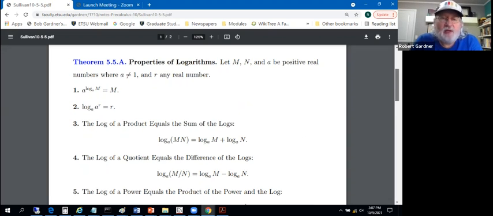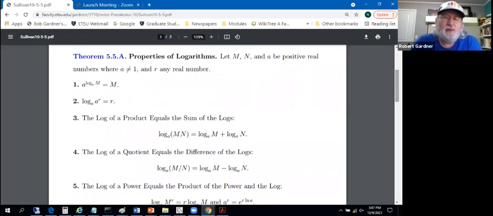We simply define log functions as inverses of exponentials. Part 3, the log of a product equals the sum of the logs, that is log base a of m times n equals log base a of m plus log base a of n. And remember, a way to keep these properties in mind is meaningful. Logarithms are exponents.